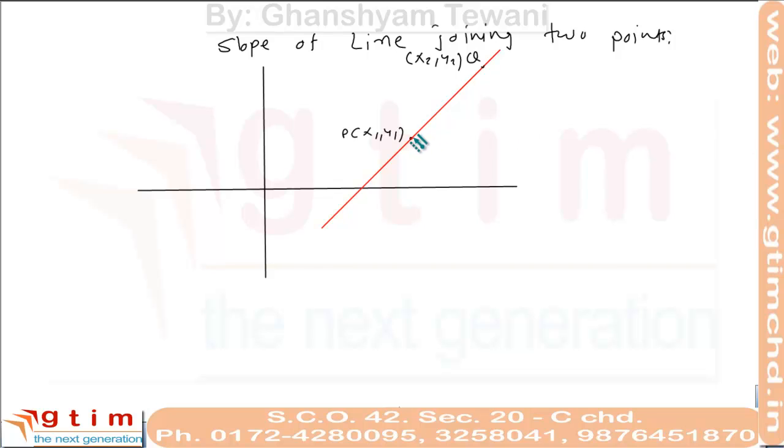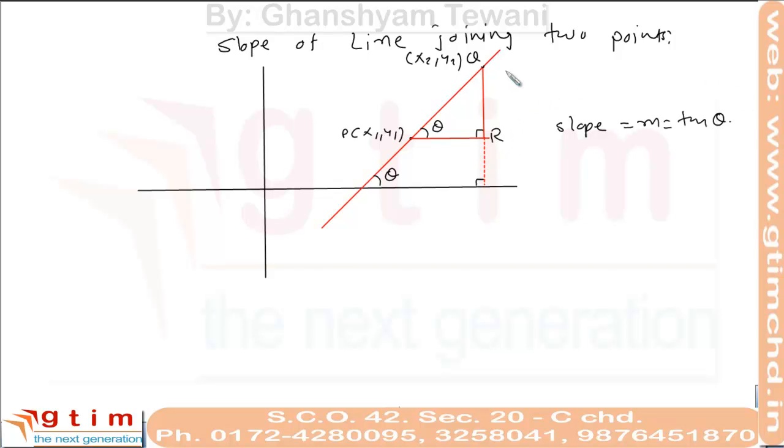For that we construct a right angle triangle here. Now this angle is theta, then slope of the line is m equal to tan theta. Suppose this point is R, this angle is 90 degrees. Triangle PRQ is a right angle triangle.